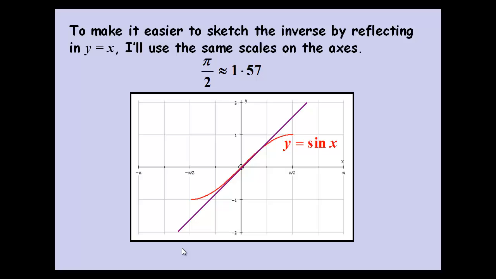If we draw the line y equals x, as we know, the inverse is the reflection in the line y equals x, and we can see the blue curve there. So what values are we going to have here, here, here, and here?